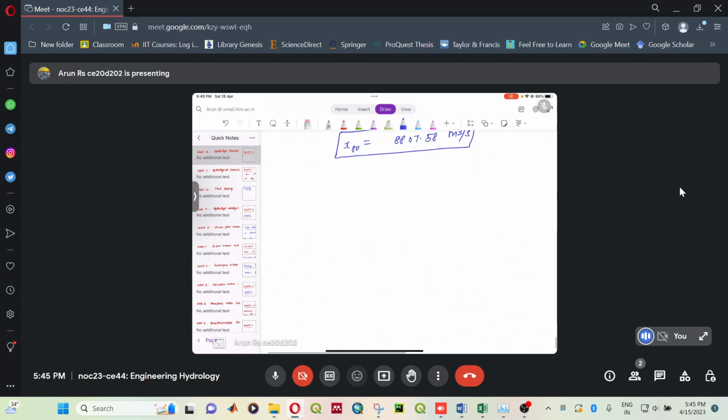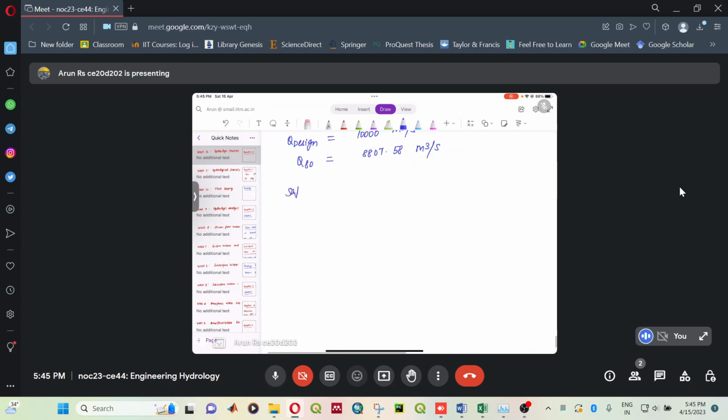So in part B, the structure is designed for 10,000 cumecs, and for a corresponding return period of 80 years, we have the discharge as 8,807.58.